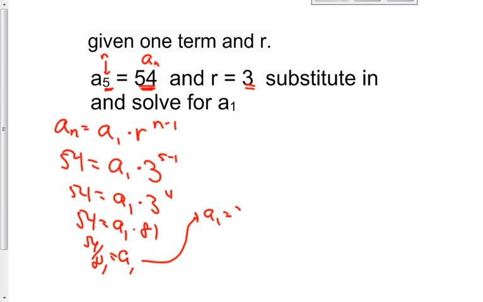A sub 1 is 2/3. And then we can go ahead and write the model. A sub n is equal to first term 2/3 times common ratio, which we said was 3, given 3 to the n minus 1.